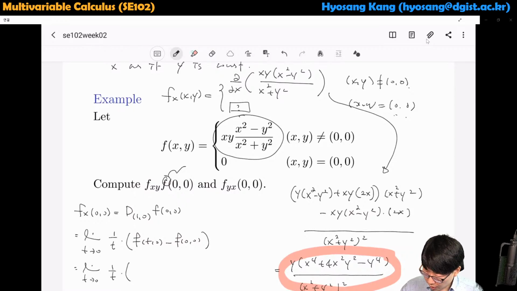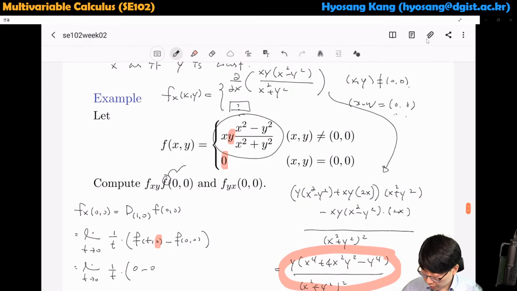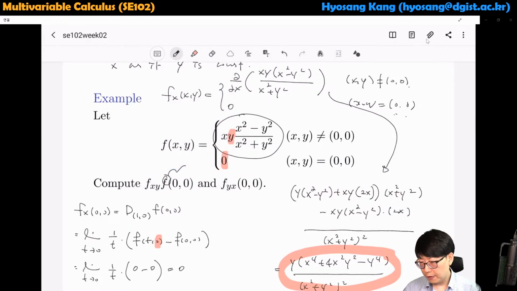When I put y equals to 0 here, everything becomes 0, no matter what the values of the others are. So I always get 0, and I already defined my function f to be 0 when xy is equal to 0, so that's also 0. So we have 0 over t, so that's always 0. So we get 0.